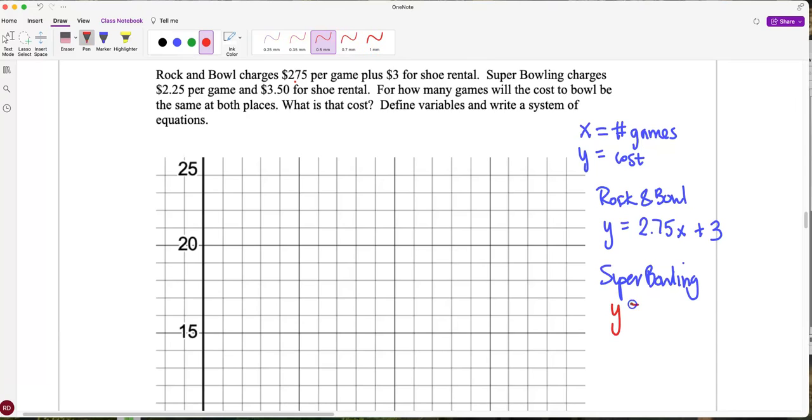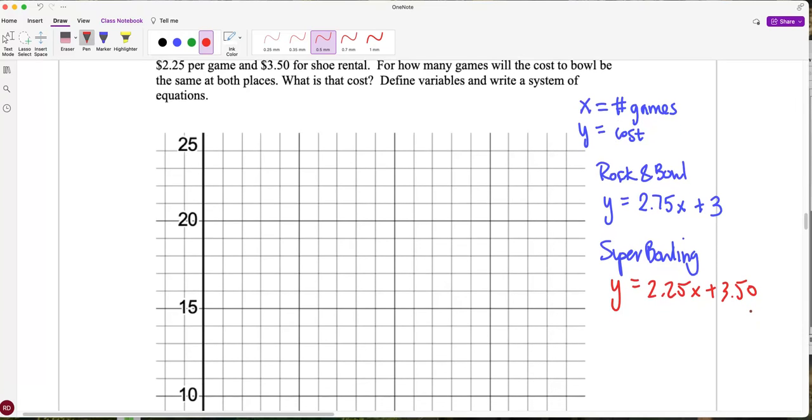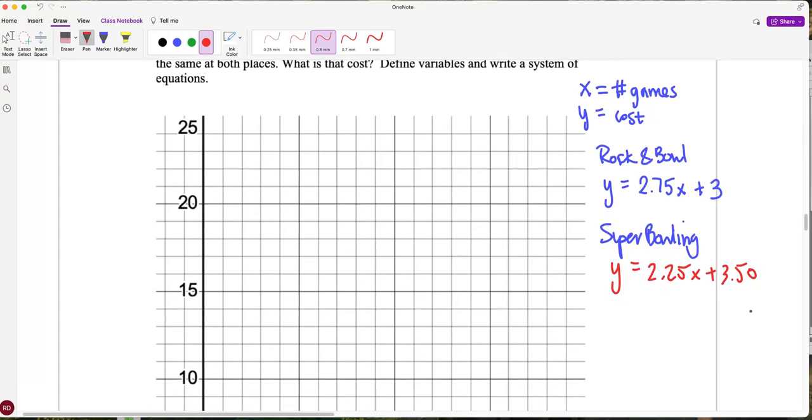You know that the cost is going to be $2.25 per game plus $3.50. So I want to figure out, when will the cost of these be identical?